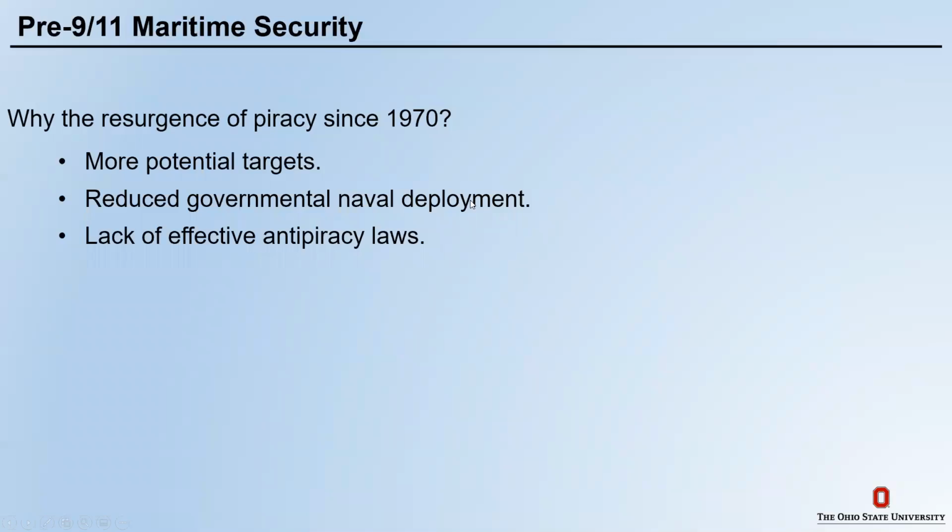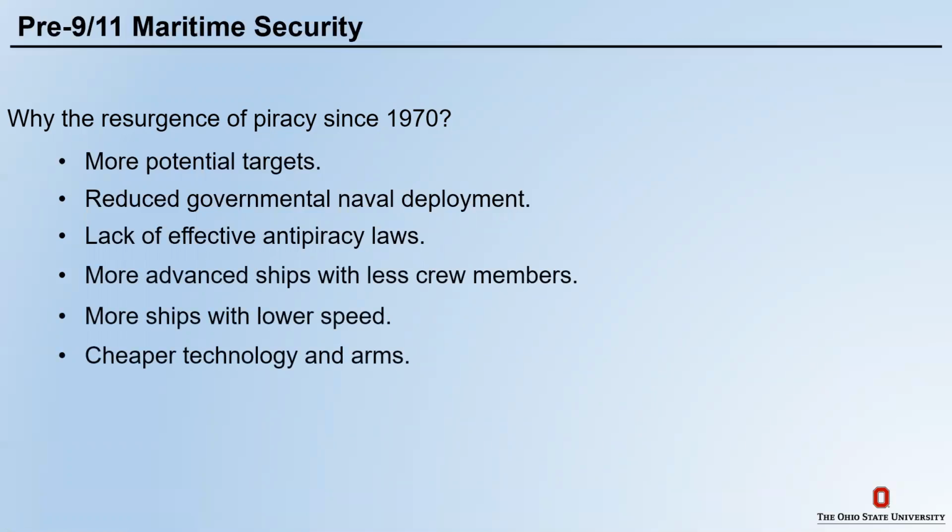Okay, and lack of effective anti-piracy laws within those countries, and also at international scale. And more advanced ships with less crew members. Technology in general is a good thing, right? We can use GPS today. We can use telecommunication systems.